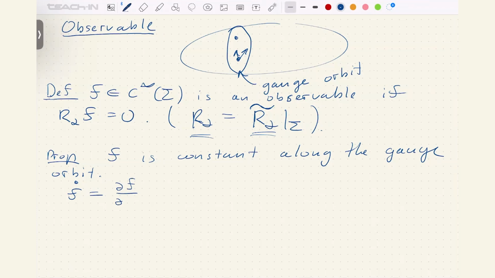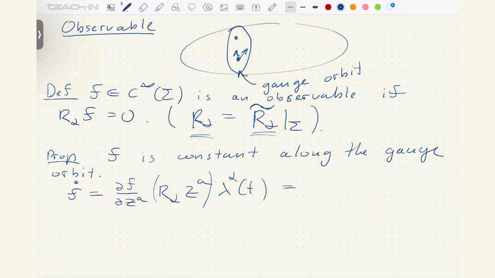Let's introduce coordinates. Let me still use z, but now think of them as coordinates on sigma, on the constraint surface. So df over dz a times z a dot, which is R alpha acting on z a, and all this is multiplied by lambda alpha of t, right?